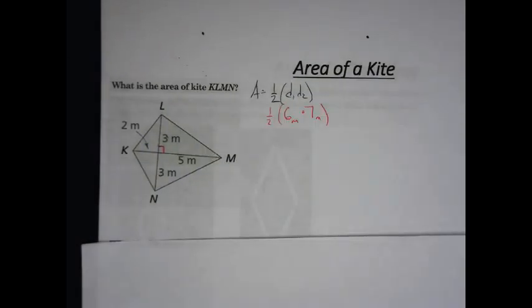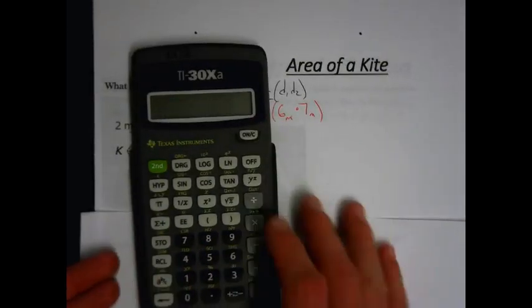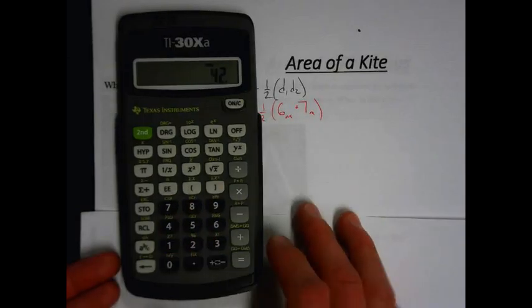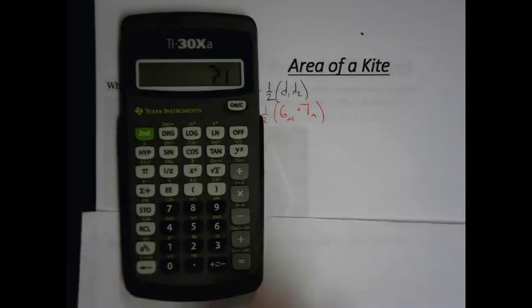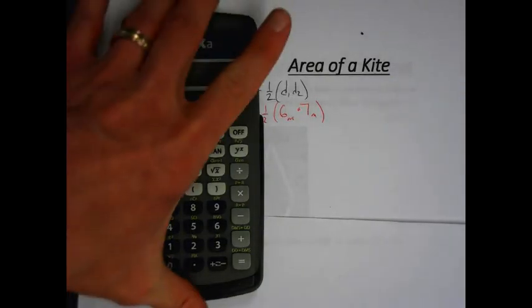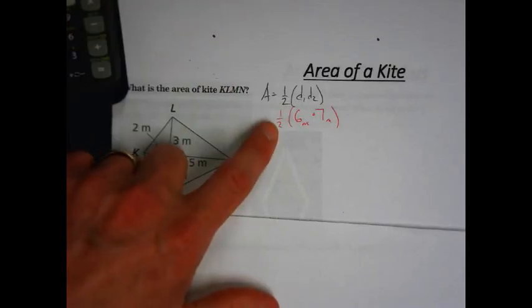A couple of things that you can consider. The first is to use the calculator. We do 6 times 7 equals 42, and then divide by 2. We get 21, because multiplying by 1/2 is the same as dividing by 2. You should know that.